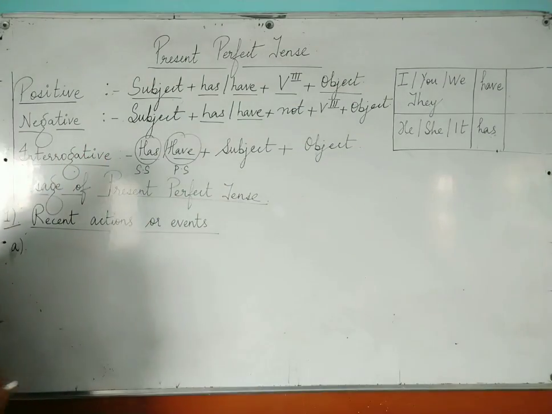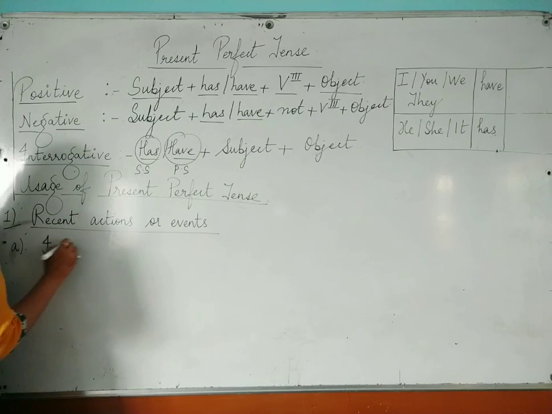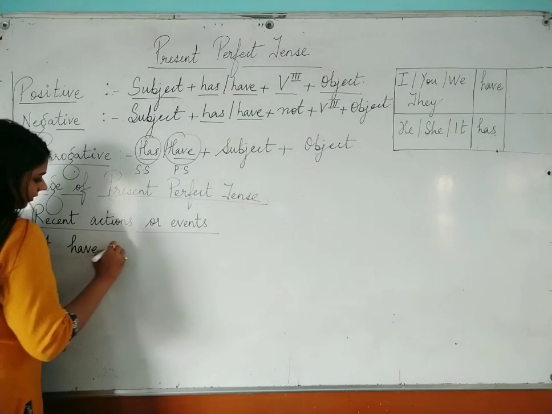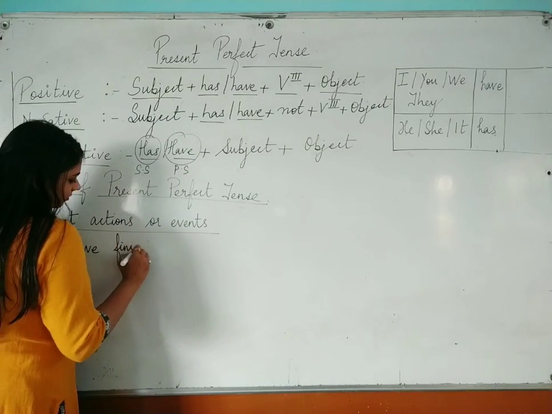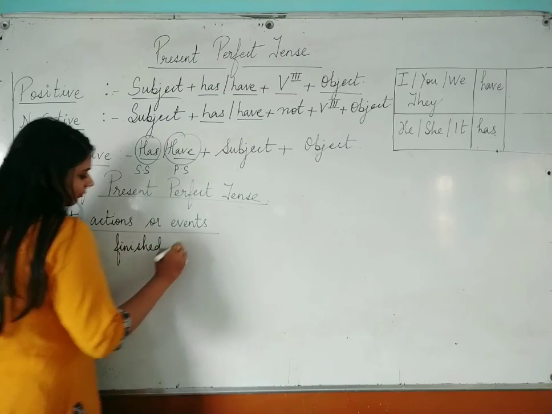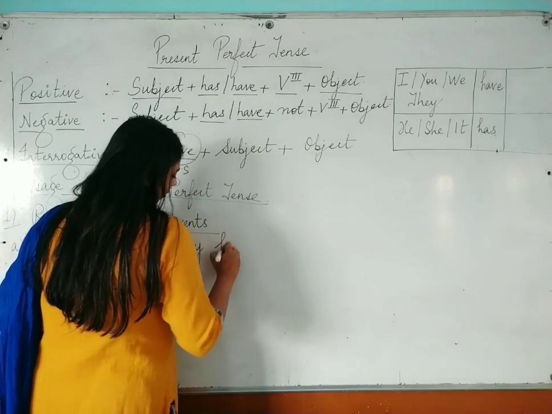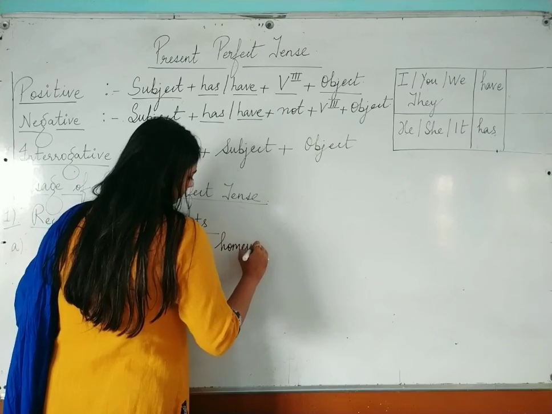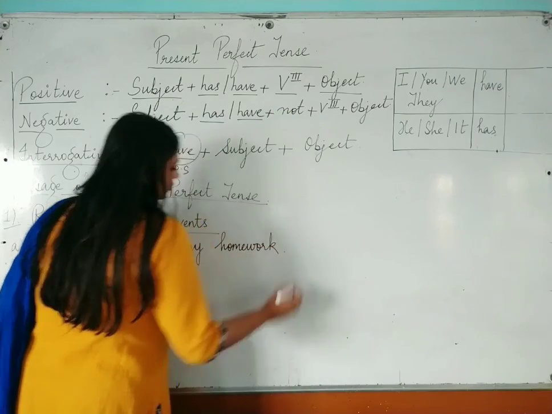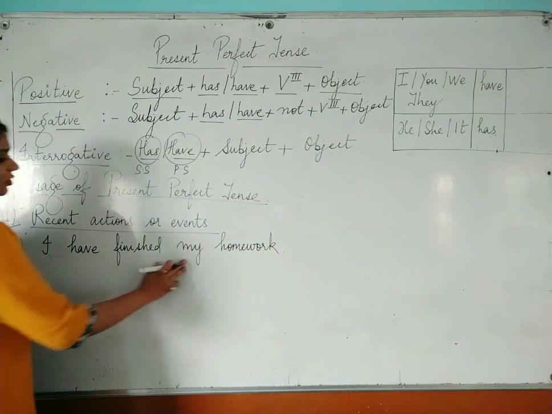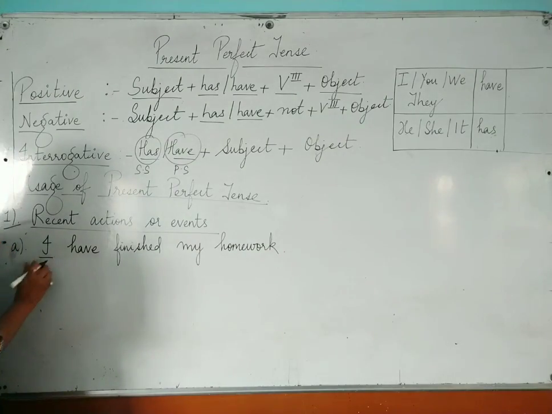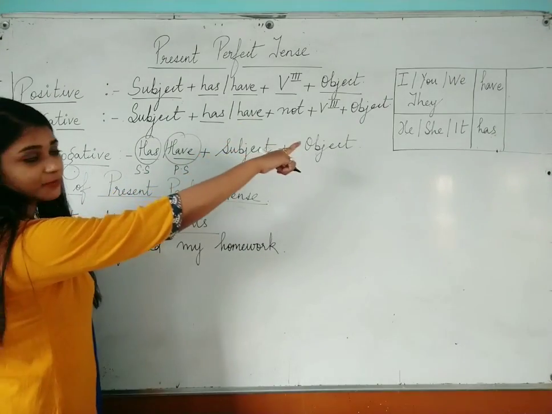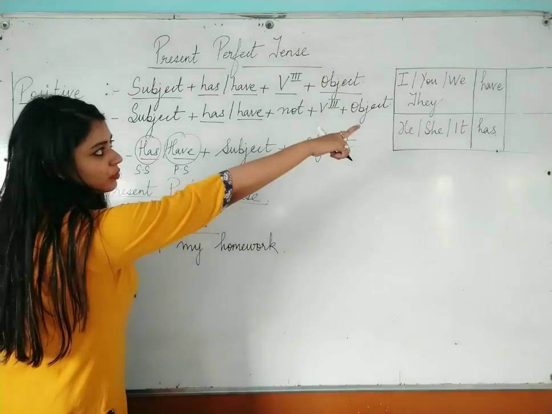Okay, so an example can be: I have finished my homework. So over here we are saying I have finished my homework. You have used I as a subject. With I you have to use which auxiliary verb?